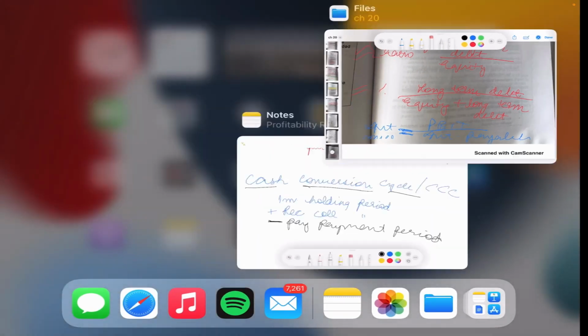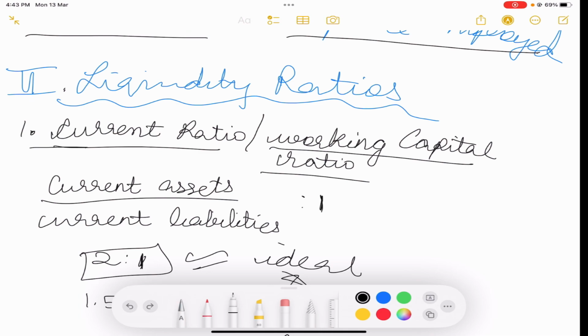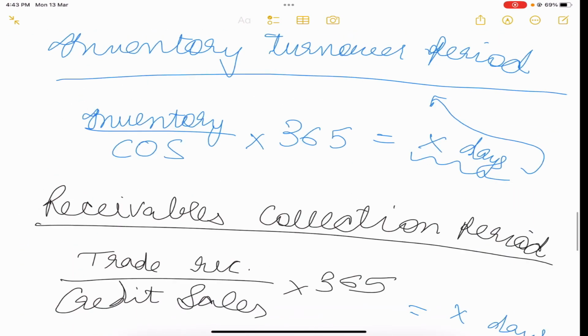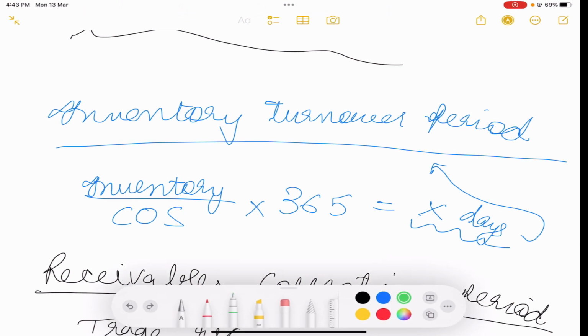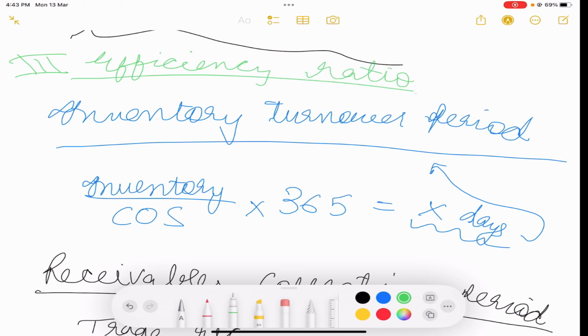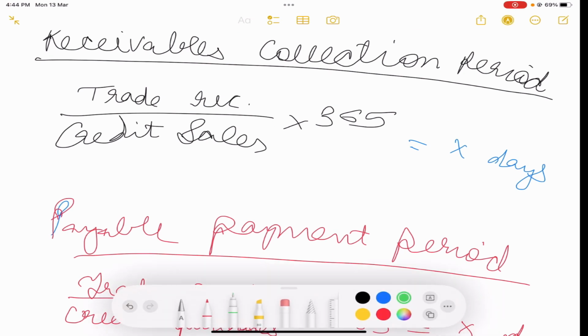Let's quickly discuss the efficiency ratio, the gearing ratio and the position ratio. Starting with my efficiency ratio. First we have inventory turnover period, which is inventory upon cost of sales multiplied by 365. Then we have the receivable collection period, which is trade receivables upon credit sales multiplied by 365.